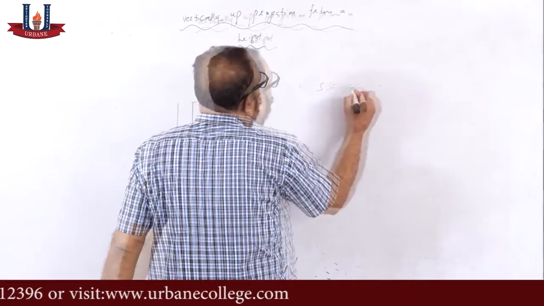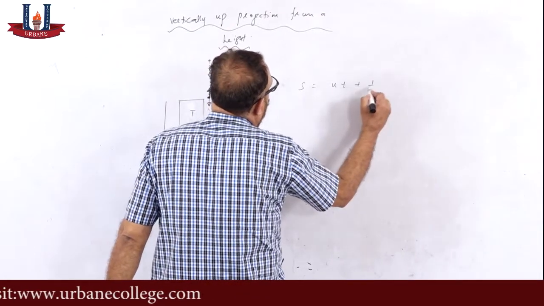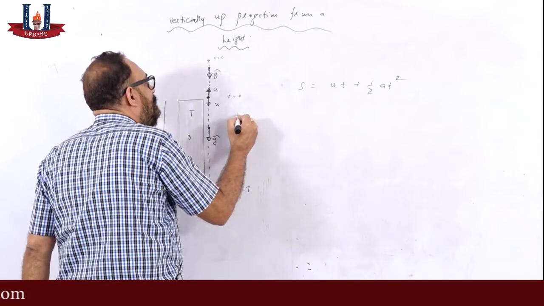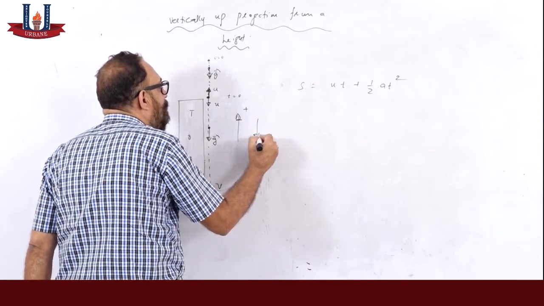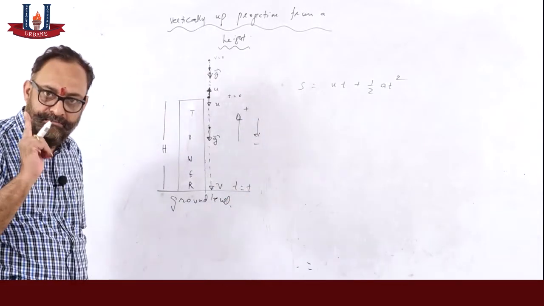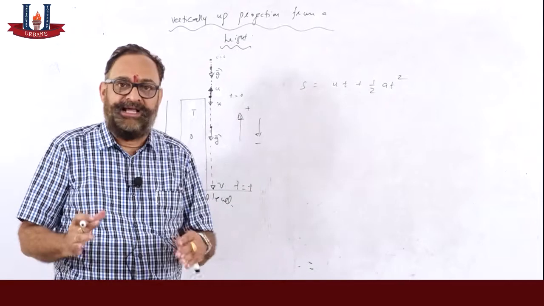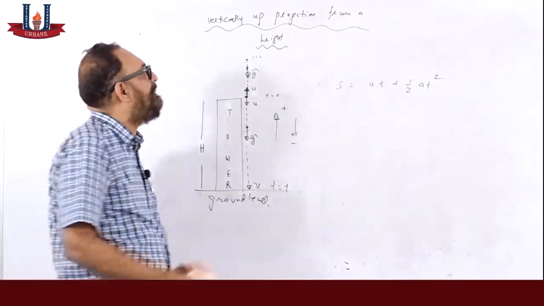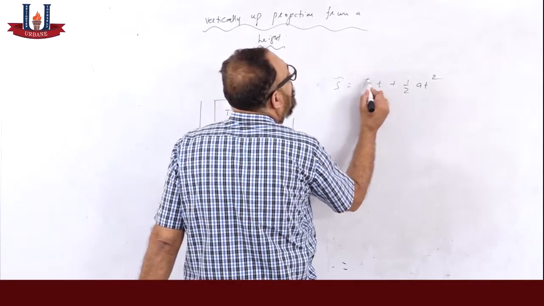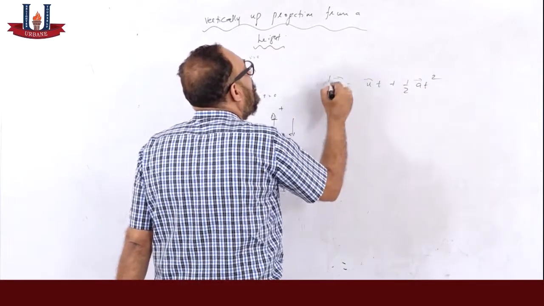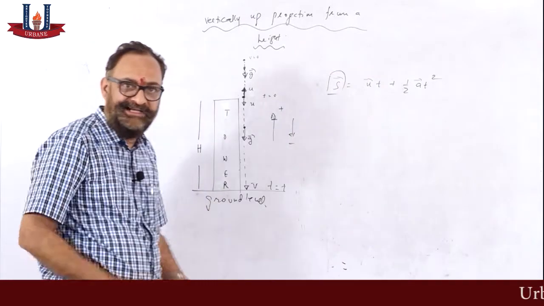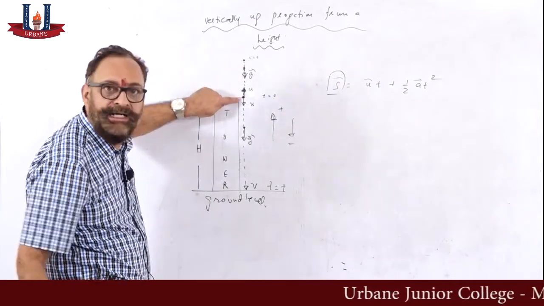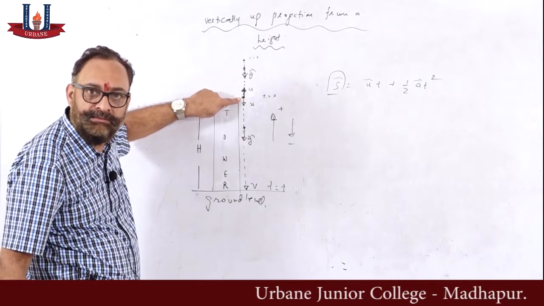What do I do here? Let me try to write s is equal to ut plus half into a into t square. Let me use a simple concept. Going up is positive, coming down is negative. Mind you that these are applicable only to vectors and not to scalars. Now when it comes here, I do understand all these are vectors. s was the displacement. Friends, it started from here, went up, came back here, its displacement became 0, right?